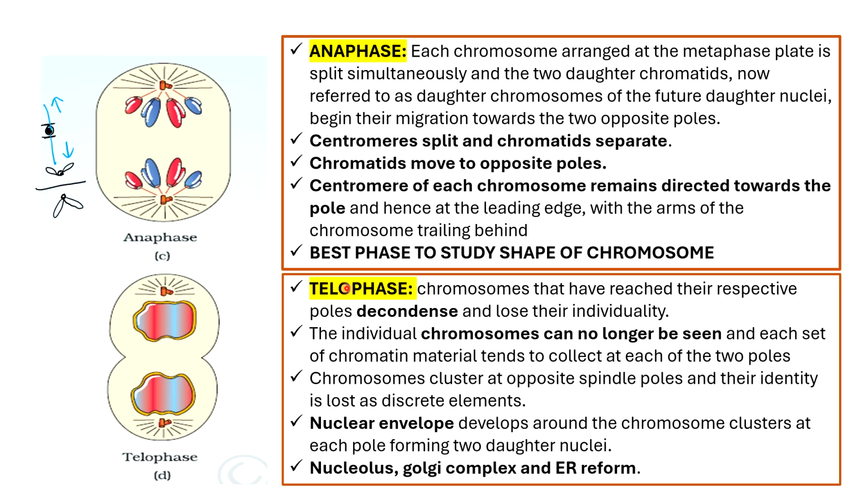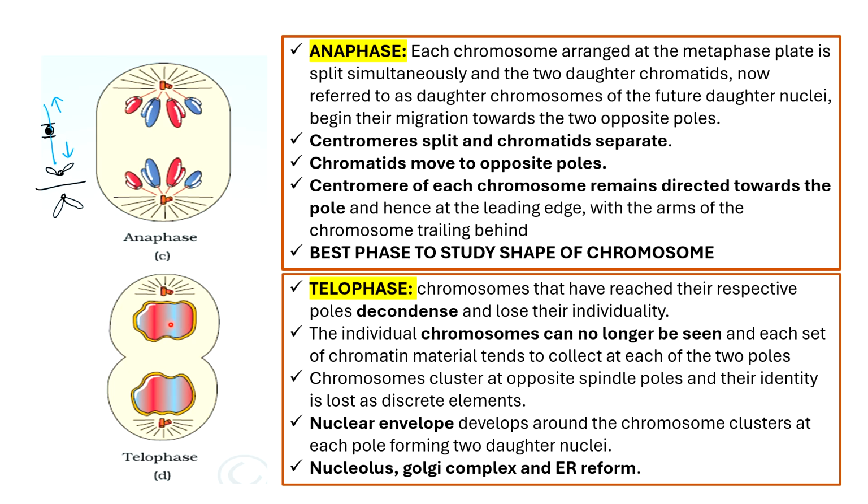Let's look at the fourth stage of the mitosis, that is the telophase. Telophase essentially is the reverse of prophase. Chromosomes that have reached their respective poles now decondense. In telophase, you cannot see the thick typical chromosome structure.